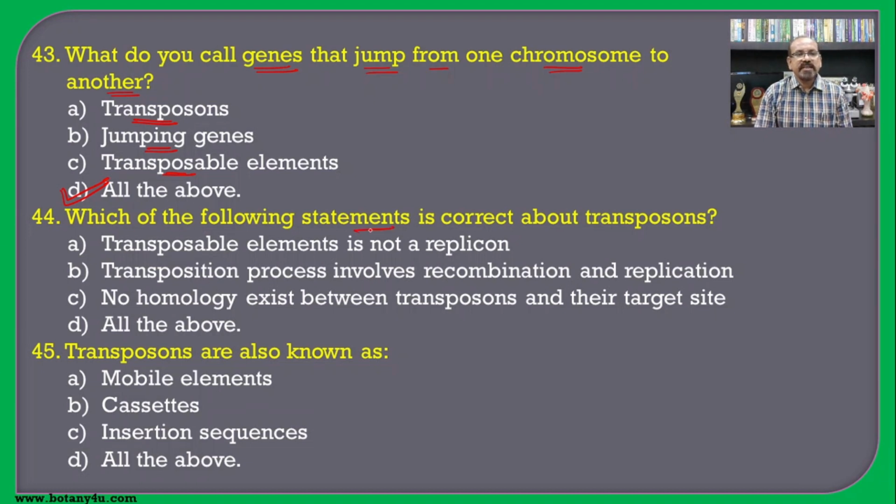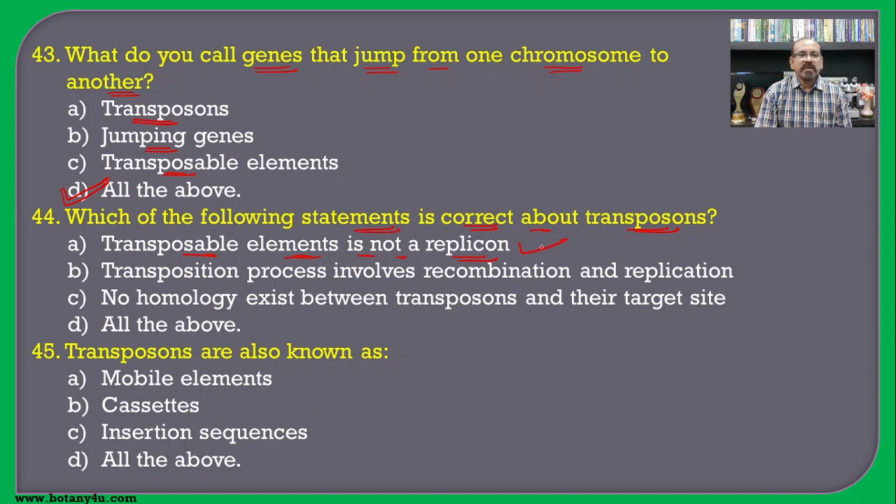Then which of the following statements is correct about transposons? Transposable element is not a replicon because it is not provided with the site of replication. It does not independently replicate, it replicates with that of the DNA molecule.